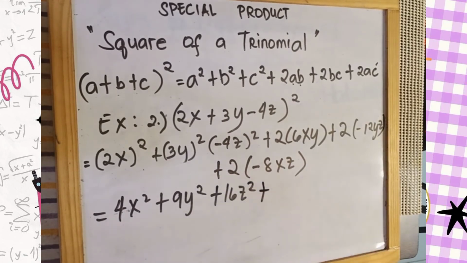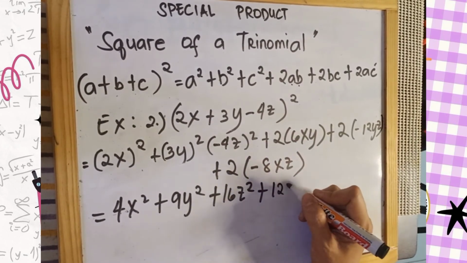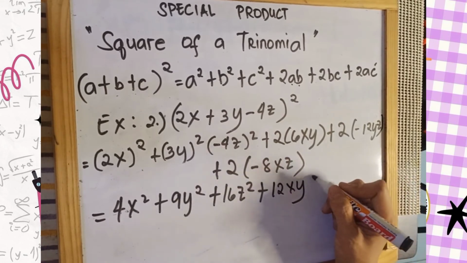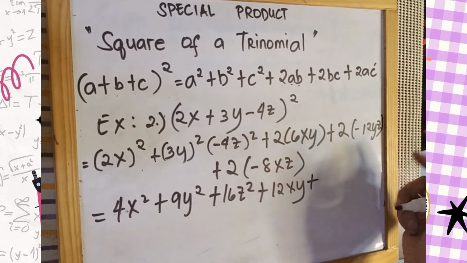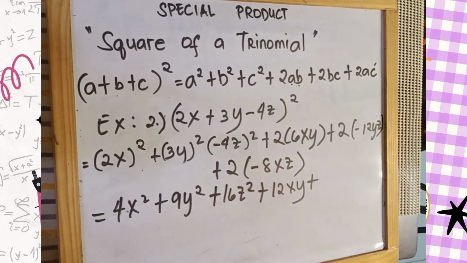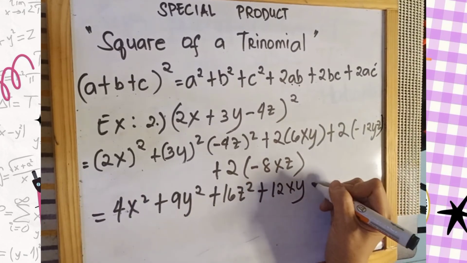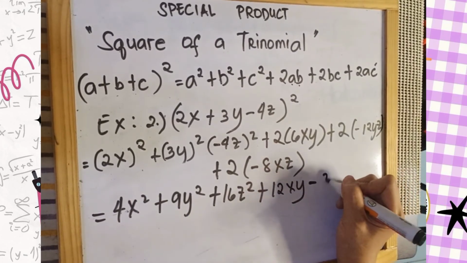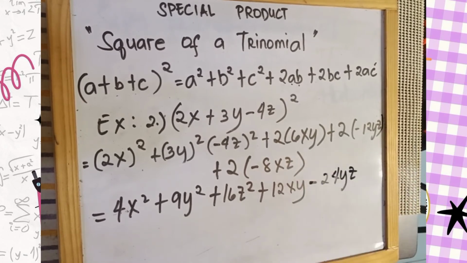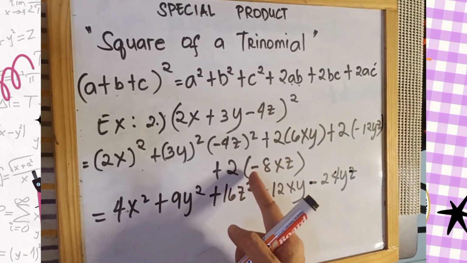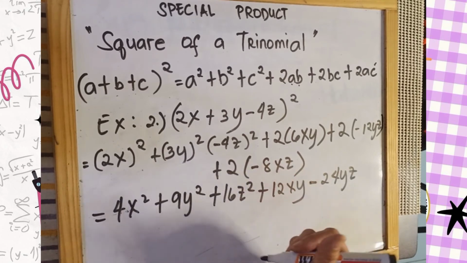Plus 2 times 6xy. So, that is 12xy. Plus 2 times negative 12yz. So, our sign will be negative since magkaiba yung sign. So, negative 24yz. And then, 2 times negative 8xz.